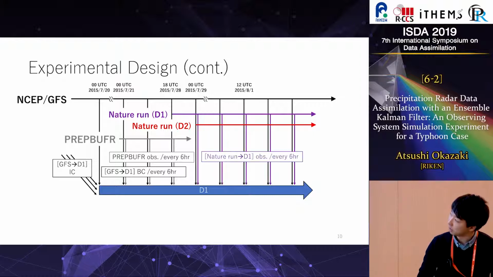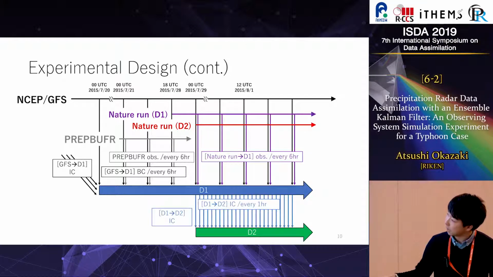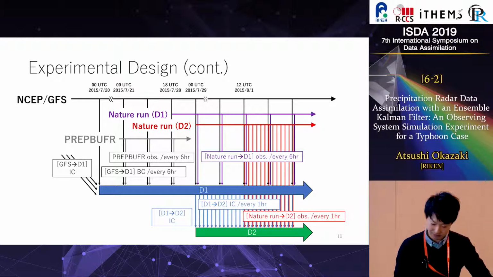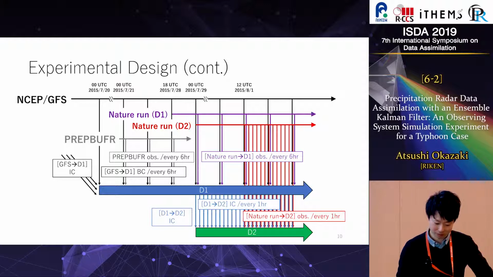For the latter part, the prep buffer created by the nature run was assimilated. For domain 2, observations are created by the nature run domain 2 and assimilated from August 1st. This is my experimental design.